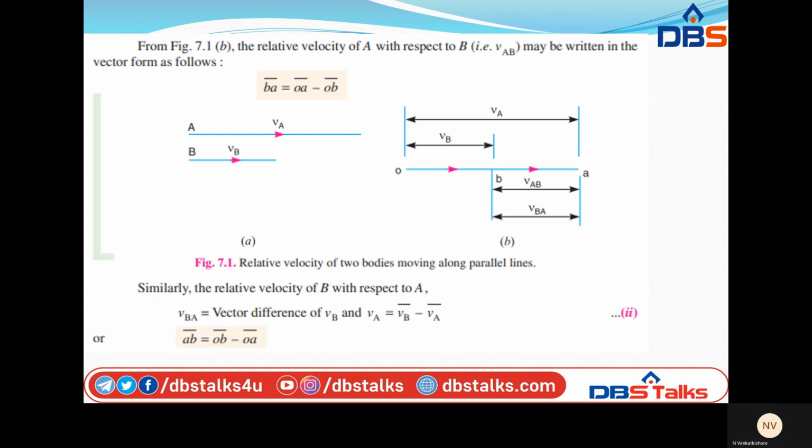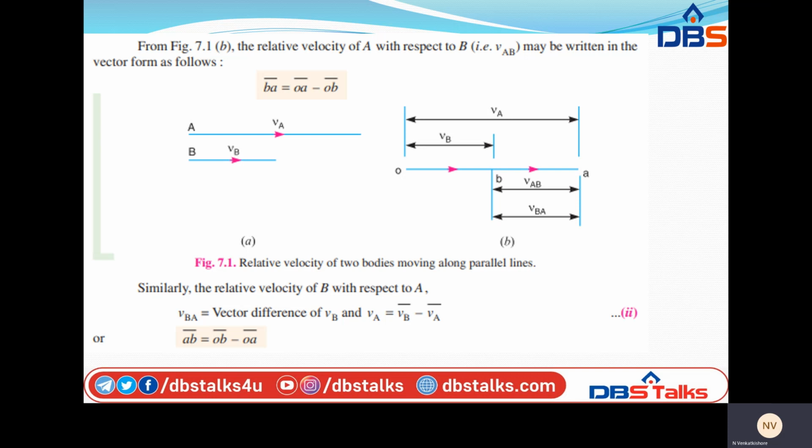If you see the second figure, the relative velocity of A with respect to B, that is VAB, can be written in vector form like this: VA minus VB vector.